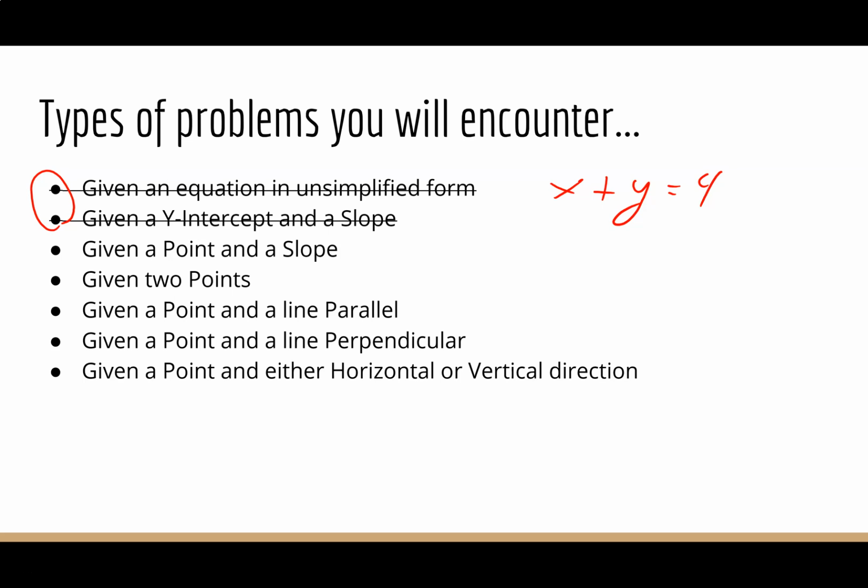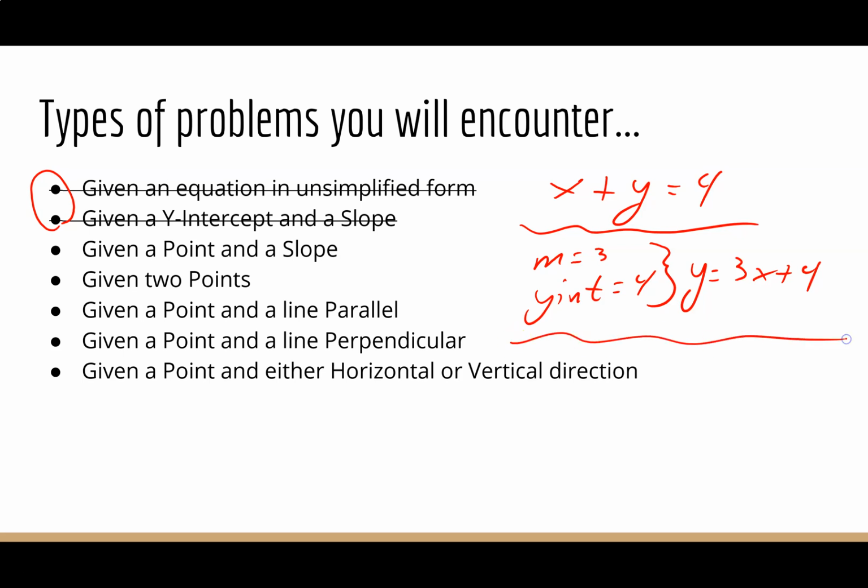You isolate y. Depending on how many numbers are going on, it's a little more challenging, but that's it. Given y-intercept and slope, like if I say the slope is 3, the y-intercept is 4, that's as easy as saying y equals 3x plus 4. So knowing where to put the numbers. Not really going to focus on those.